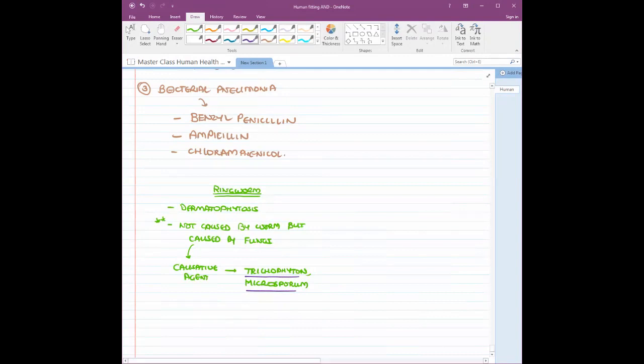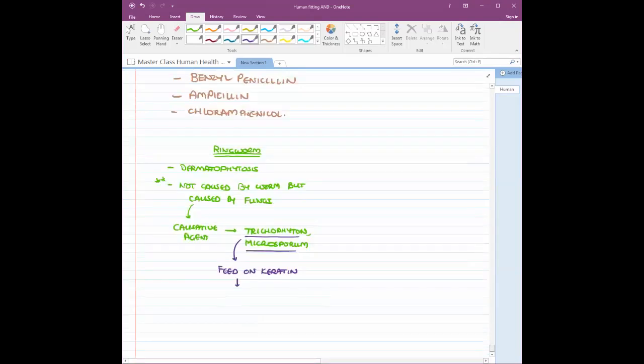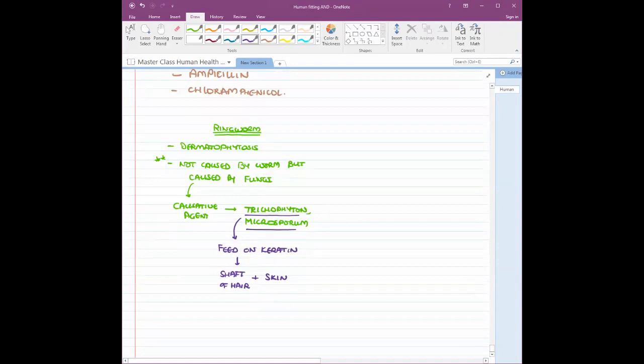So these two basically feed on the keratin, on the skin as well as on the shaft of the hair. So this is what is going to happen.